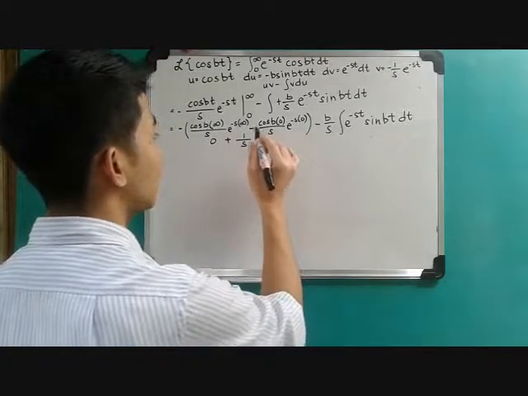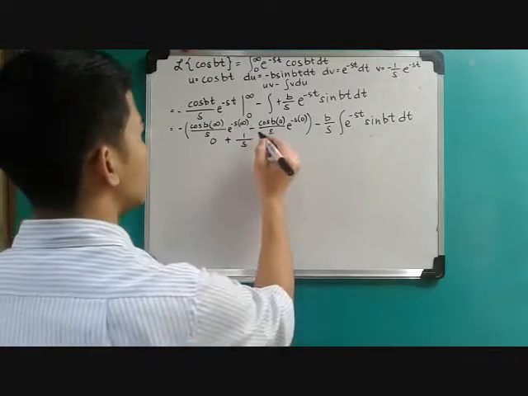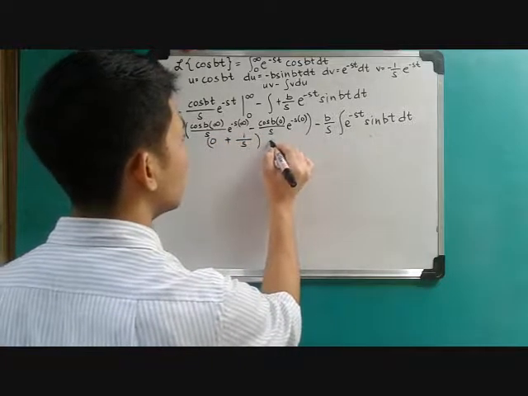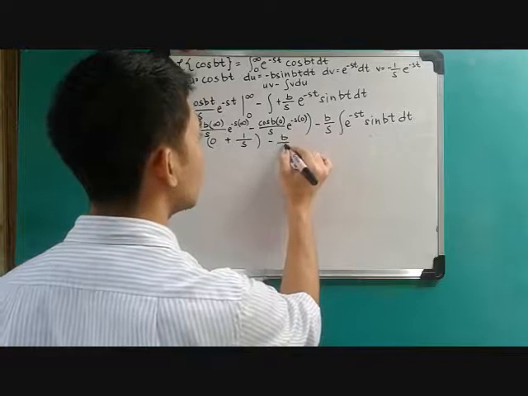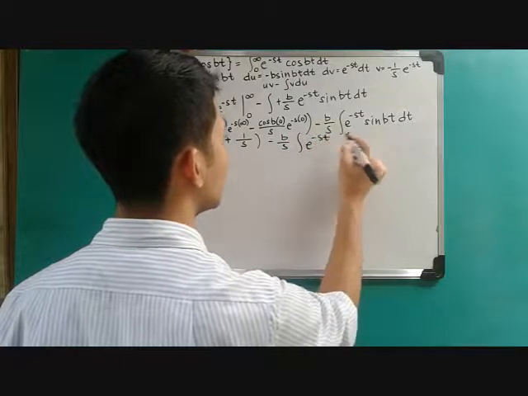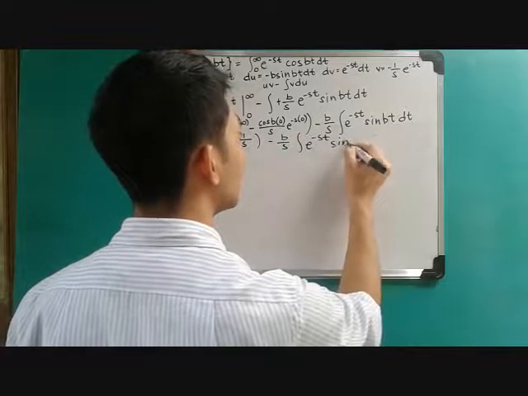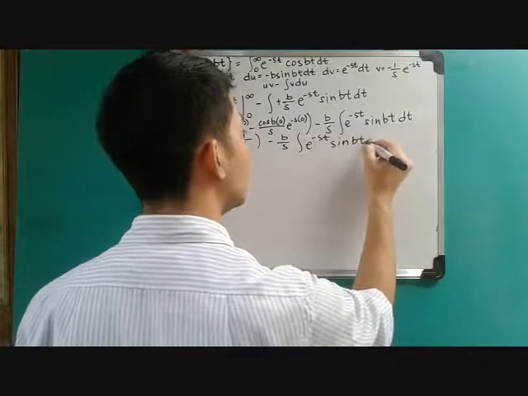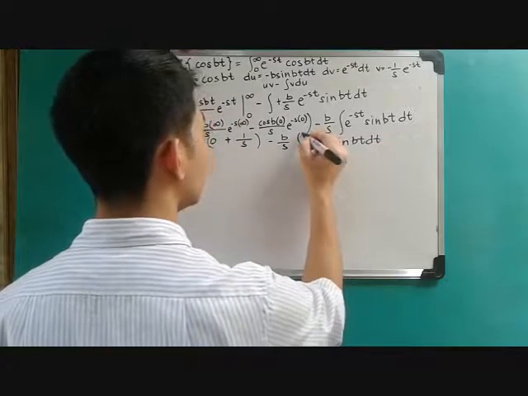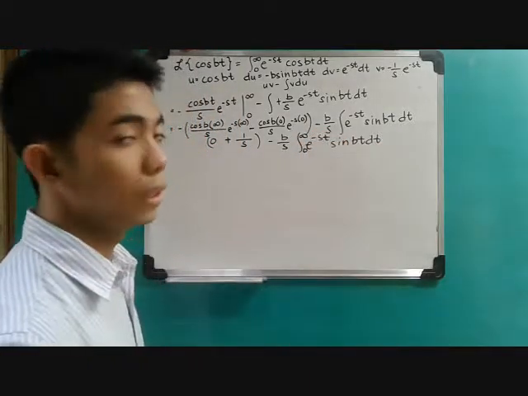So we are left with 1 over s minus b over s, the integration of e raised to negative st sine bt dt. Limits are from 0 to infinity again.